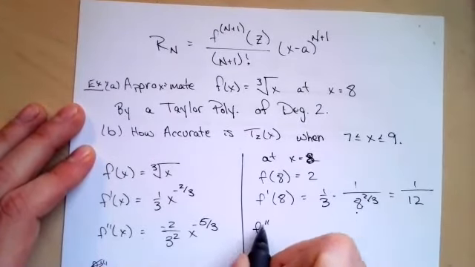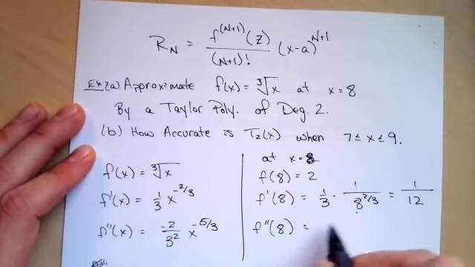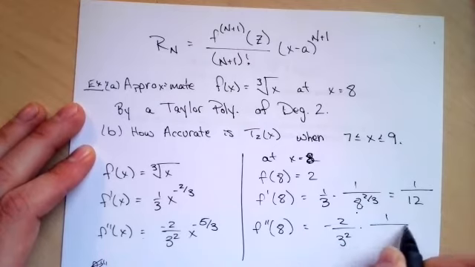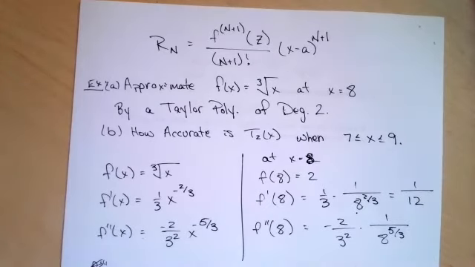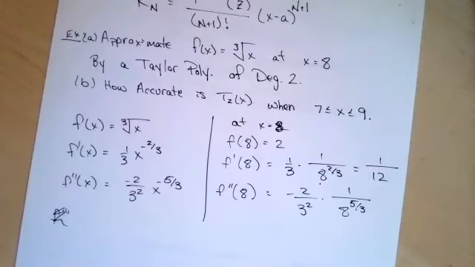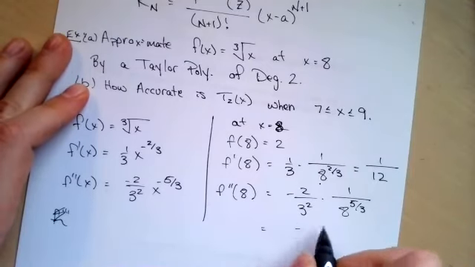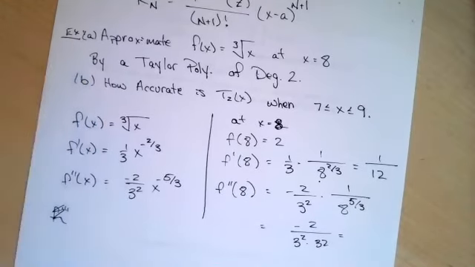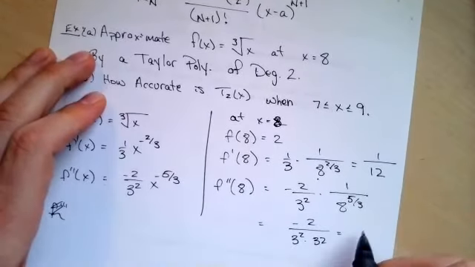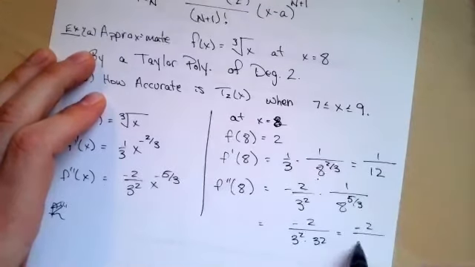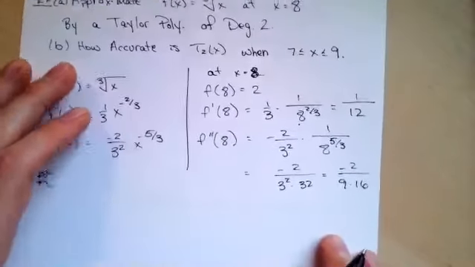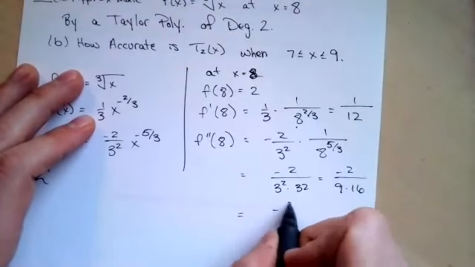And then f double prime of 8 we'll do similarly. So we've got minus 2/3 squared times 1/8 to the 5/3. And again, easier to make it smaller first. So that's going to be 2 to the 5th, which is 32. So minus 2/3 squared times 32. Unfortunately, not going to simplify too much. So minus 2/9 times 16. And still a little hard, but again, 2-digit numbers, not terrible.